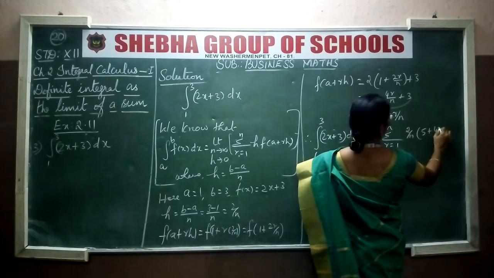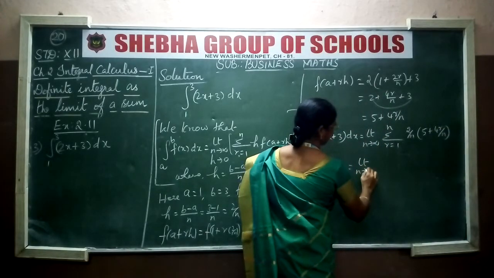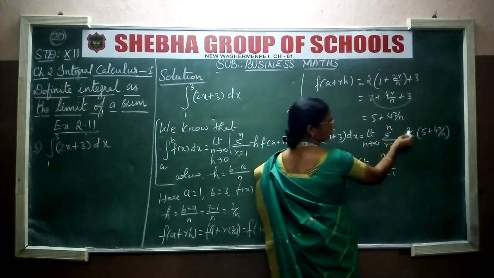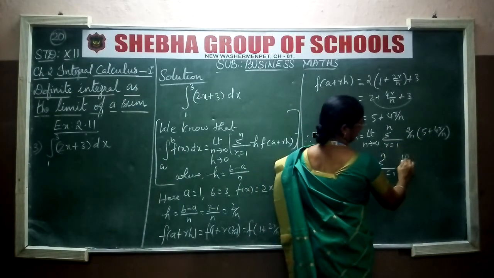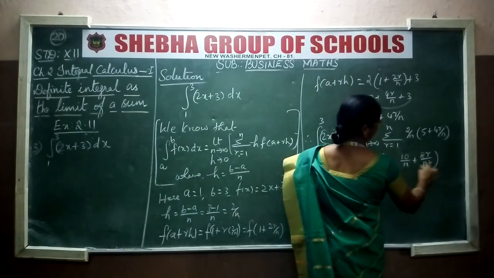This is equal to limit n tends to infinity sigma r equal to 1 to n. Multiplying 2 by n inside we get 10 by n plus 8r by n square.